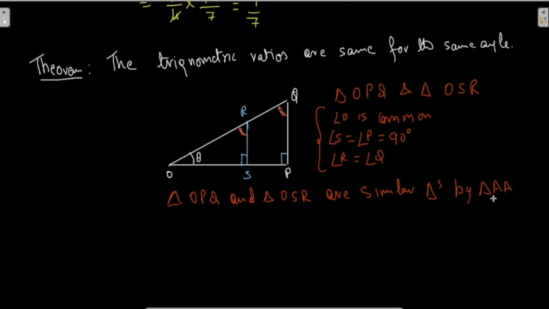Angle, angle, angle. The triple A rule says that if in two triangles all the corresponding three angles are equal, then the triangles are similar.